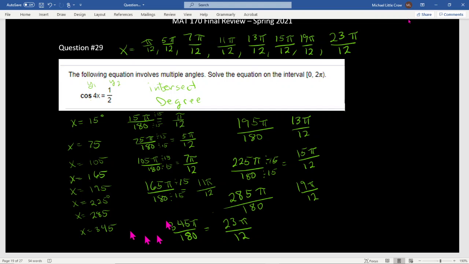Otherwise you get a bunch of decimals, and what it's going to want is this pi over 12. You could probably get it from decimals as well, but it's a little more complicated, I think. Anyway, take care.